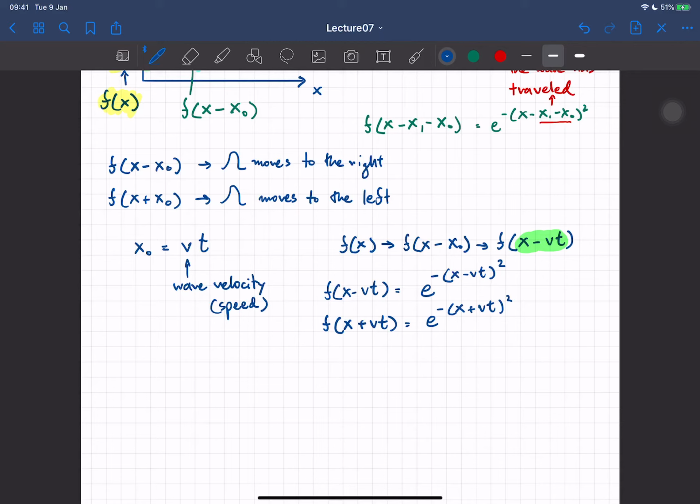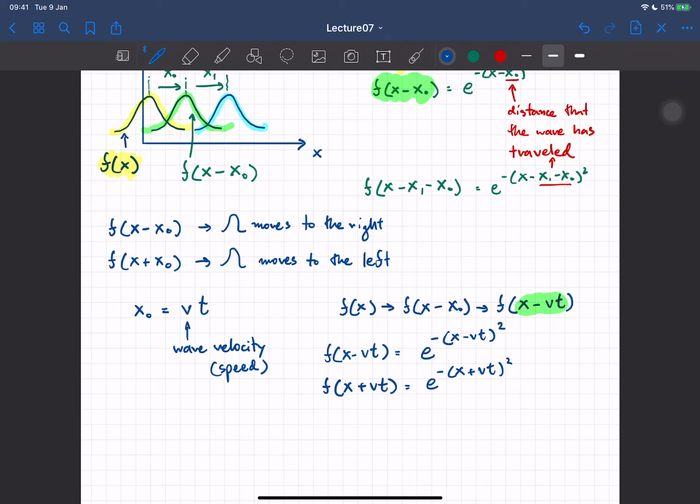So everywhere that you have that sign, you just flip the sign here. And this is true, again, for every function that you can have, right? Again, because if you want to shift the function left or right, what you do is you just replace x by x minus x0 or x plus x0. And in this case, x0 is vt.